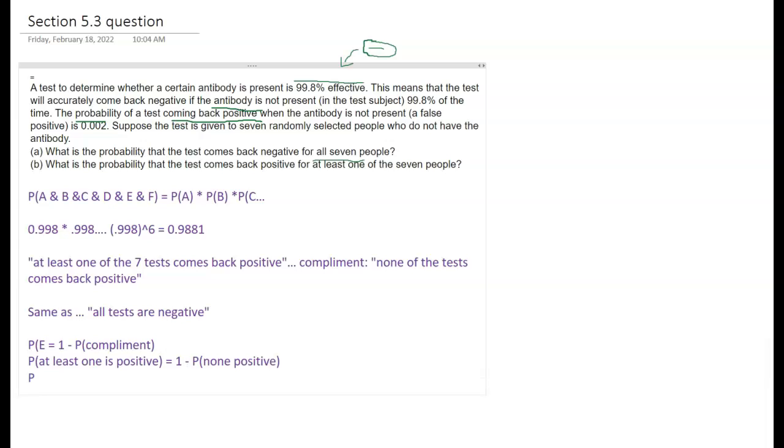And we can also write that at least 1 is positive is the same as 1 minus the probability of all negative. Okay, so this is the one that we're going to use. So the probability of at least 1 being positive is the same as 1 minus the probability of all of them being negative. So we can do 1 minus 0.9881 and get our answer. So that is the probability that at least 1 is positive.